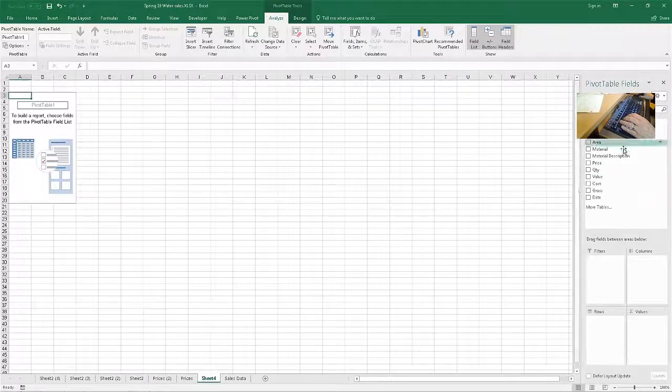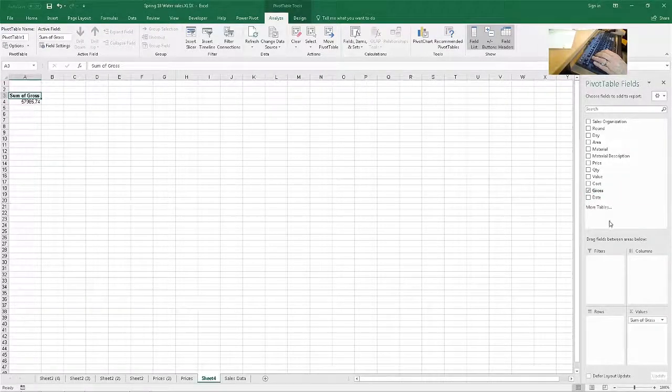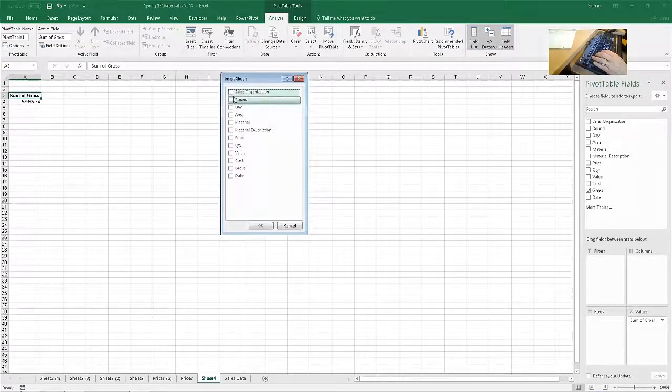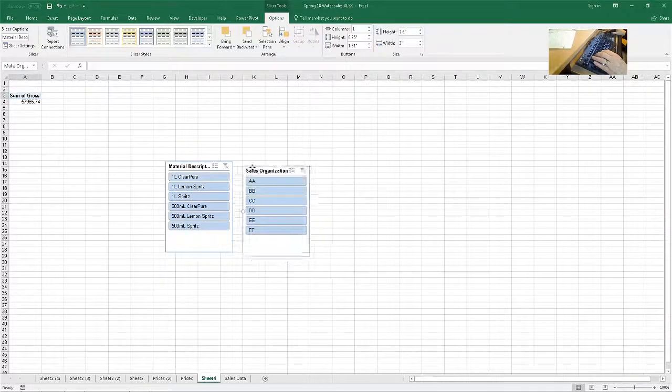And in this pivot table, let's look at the gross, and let's put some slicers in for the sales organization and the material. So there's sales organization and material.